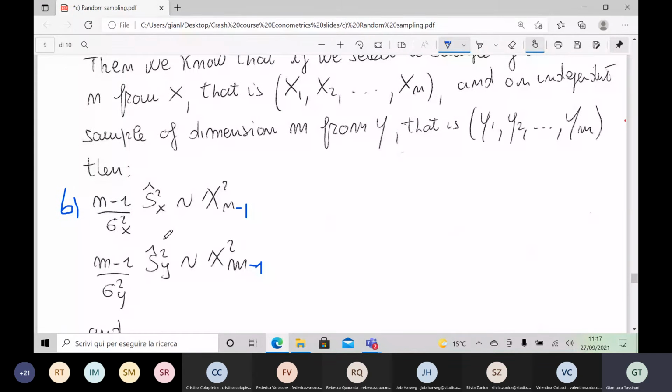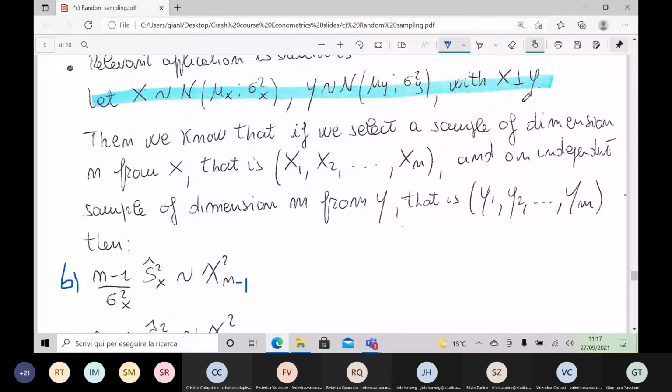M. So multiplied by m minus 1 divided by the variance of the population, and by applying property B again, the distribution of this sample statistic is a chi-square with m minus 1 degrees of freedom.